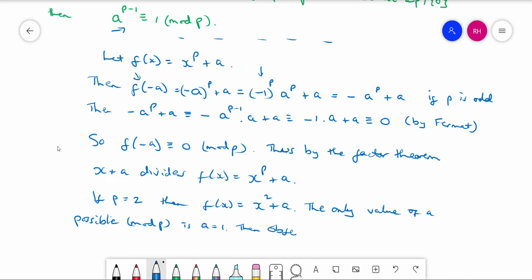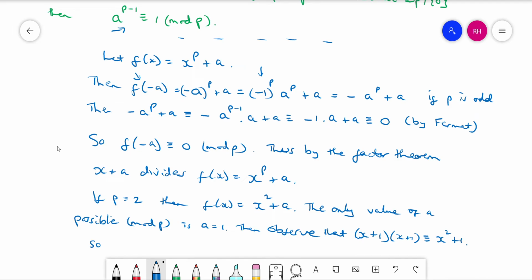And then observe that this is going to be x squared plus 1, so x plus 1 times x plus 1 is equivalent to, well, you get x squared plus 2x, but the 2x just disappears because we're modulo 2, so the 2 disappears, so plus 2x plus 1.